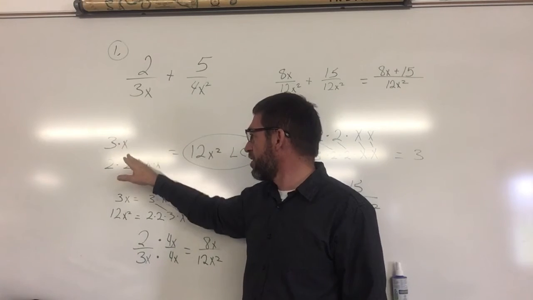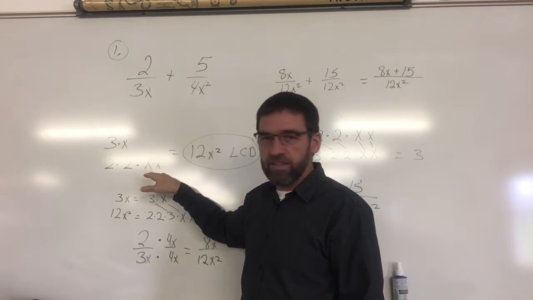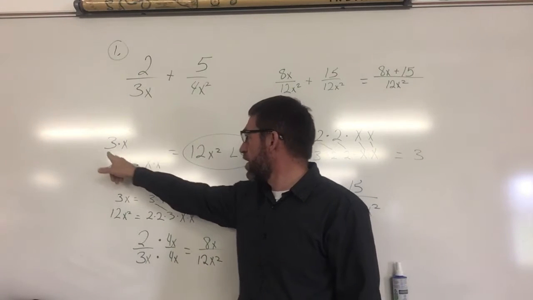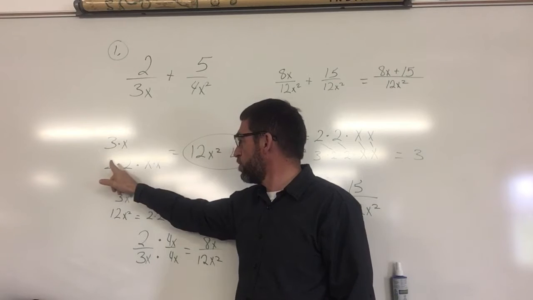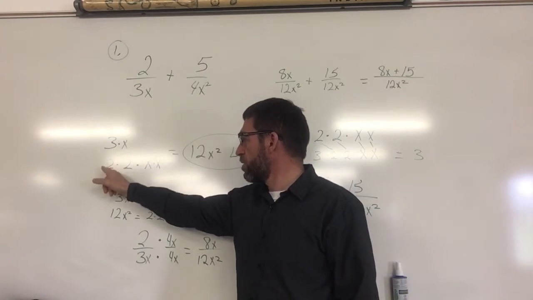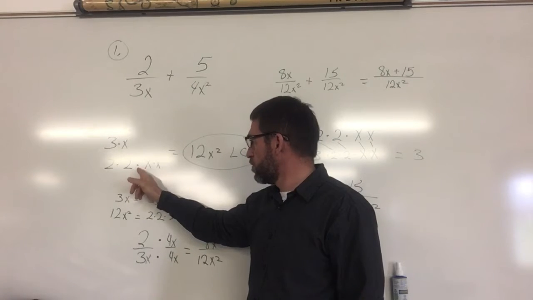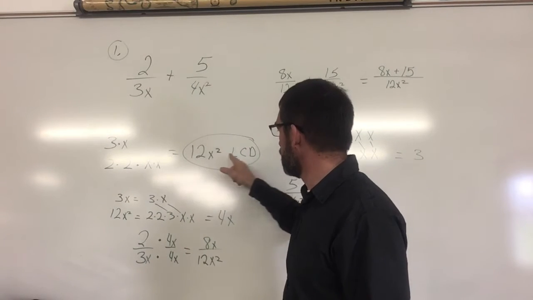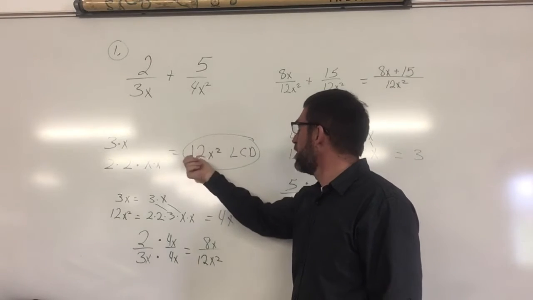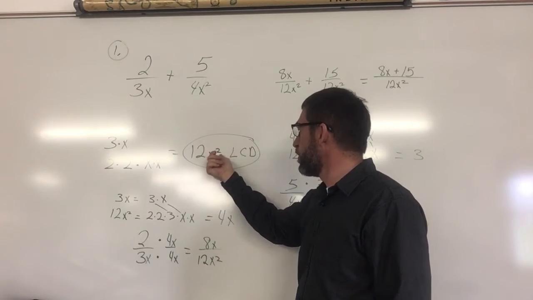I can't take this x if I take these, and I want the most x's, so I'll take those. When I'm done, I multiply together: 3 times 2 is 6, times 2 is 12. And then I put my 2 x's. So my least common denominator, after I've factored them out, is 12x squared.